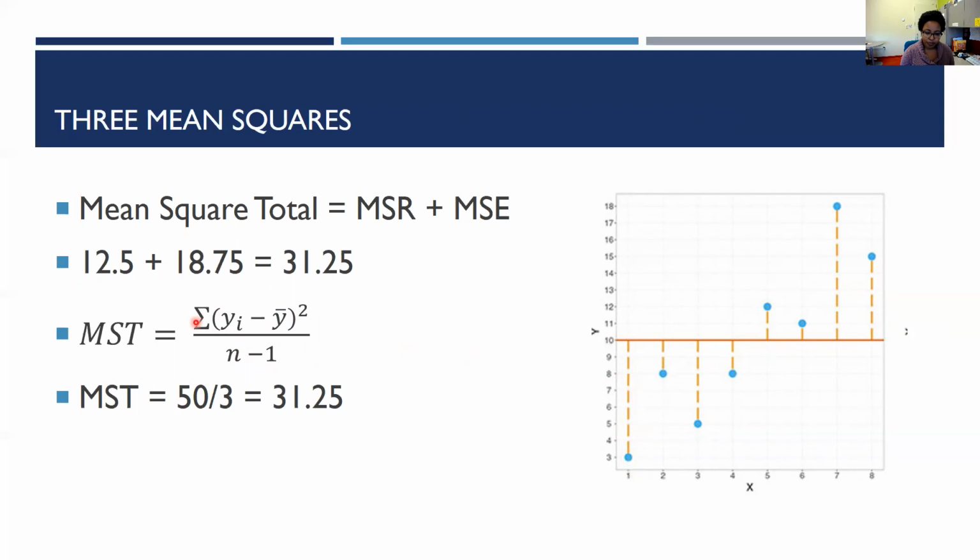So in this case, that's going to be 50 divided by 3 is 31.25. And you might also recognize this top number as being the sum of squared errors.